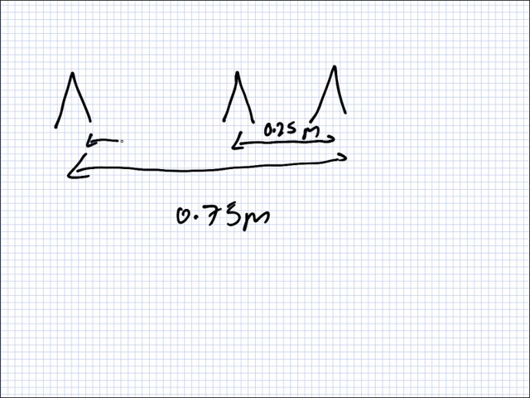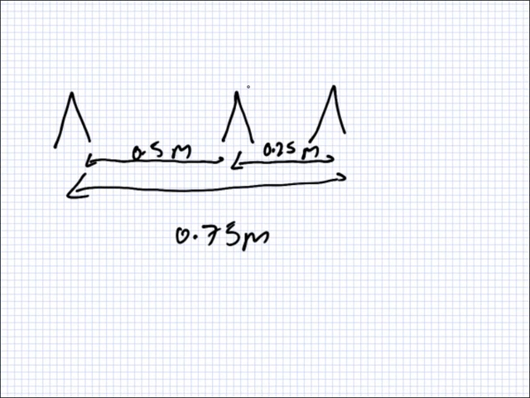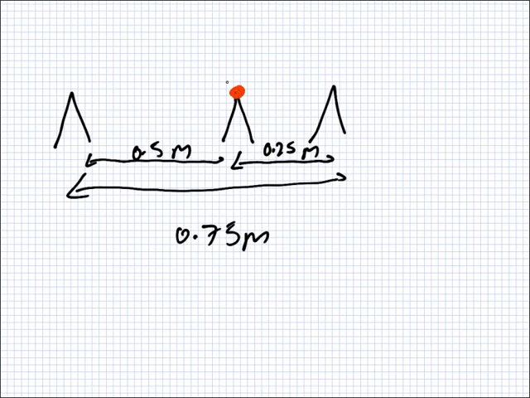So it means that this is 0.5 meters, okay? So this must be a node, and the other one, this must be a node. So you must have this, okay? Which means it must go like this. There must be another node here.